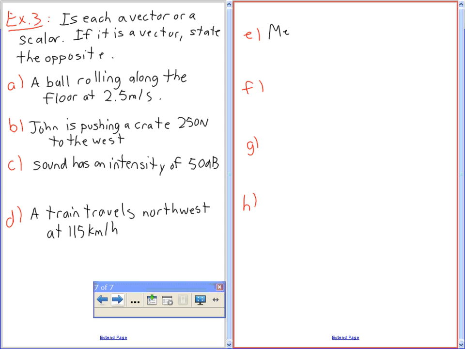Melody travels 700 meters at a bearing of 120 degrees. A box has weight 84 newtons.